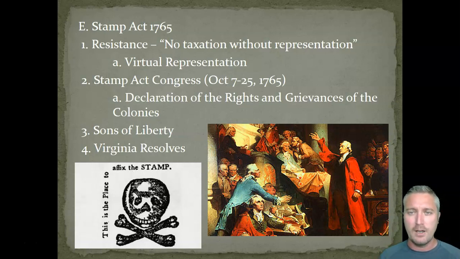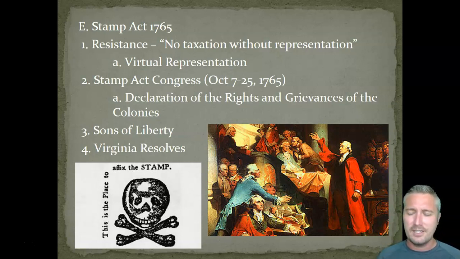The twist here is that it really had to be affixed to any printed material, all legal documents. So basically, pretty much every piece of paper in the colonies had to have this official British stamp on that paper, or it was illegal. And so you had to pay to get this stamp.